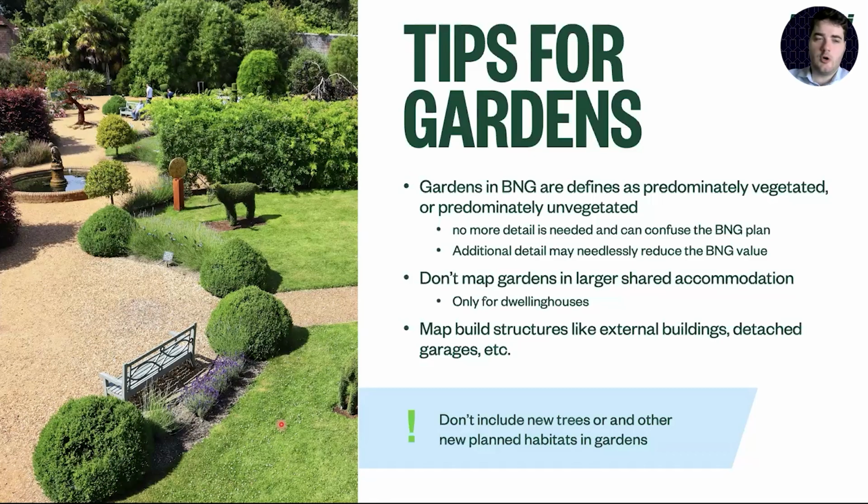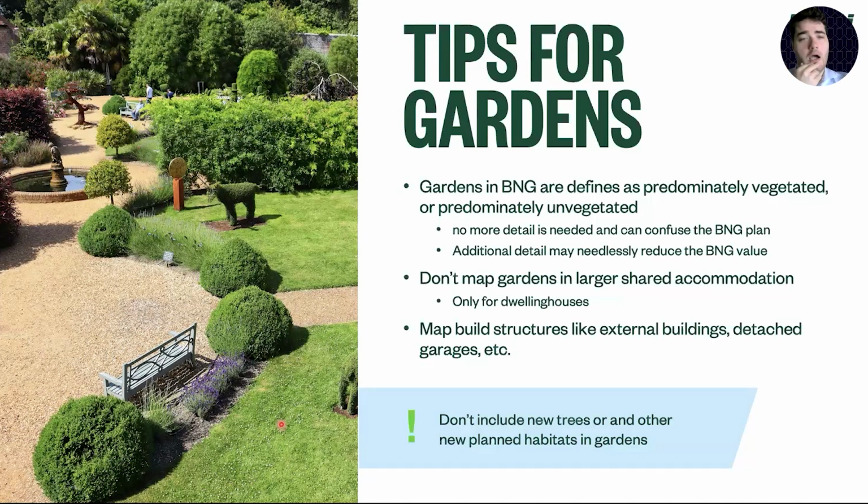So if there's a small amount of decking, a small amount of paving on site, maybe a tiny water feature, especially in the post development, all of that can be simplified into: is the whole footprint of that garden predominantly vegetated or not predominantly vegetated?